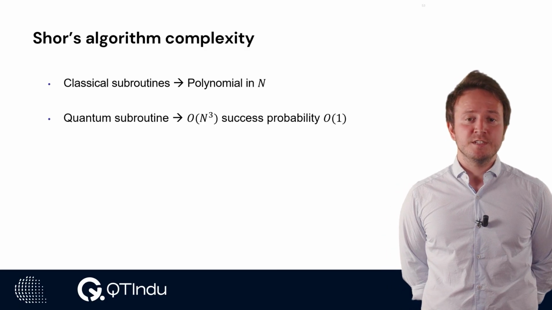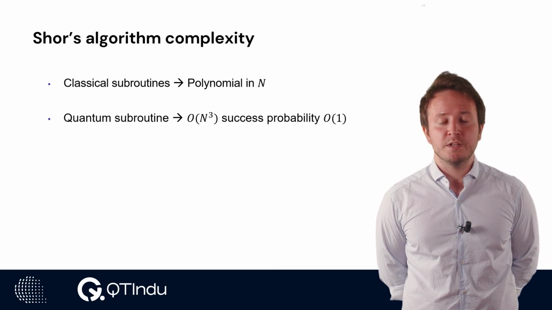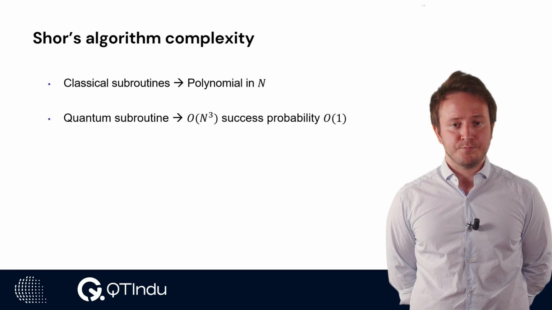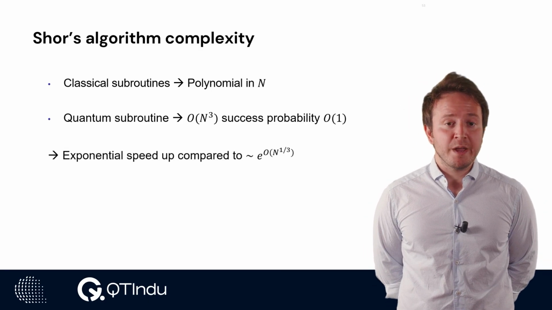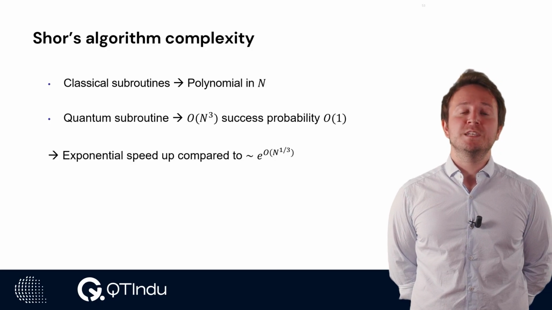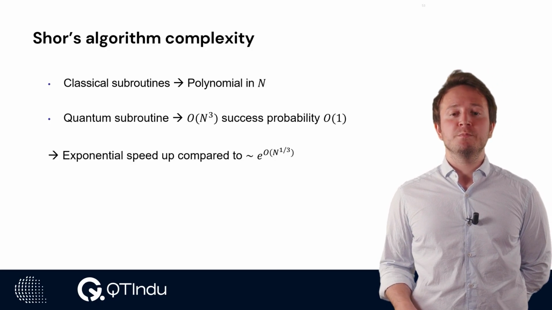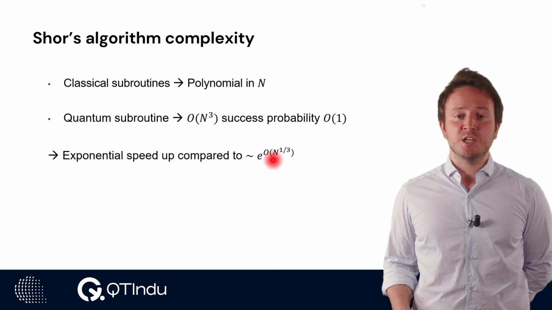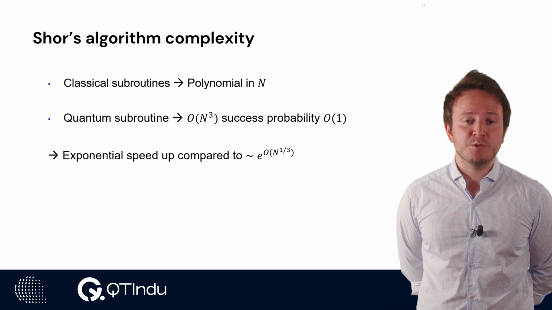And as we discussed, it scales with n to the power 3, with a success probability of order 1. This has to be compared with the best classical algorithm that roughly, up to logarithmic corrections, scales as an exponential of n to the power 1/3. And therefore, Shor's algorithm provides an exponential speedup.